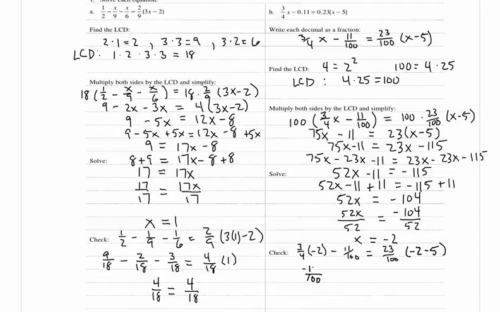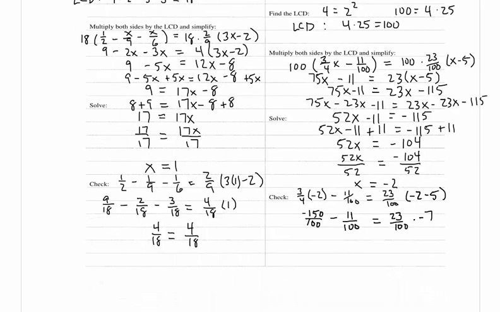So we're going to have negative 150 minus 11 over 100 is equal to 23 over 100 times negative 2 minus 5 is negative 7. And now we have negative 150 over 100 minus 11 over 100 is equal to negative 161 over 100.